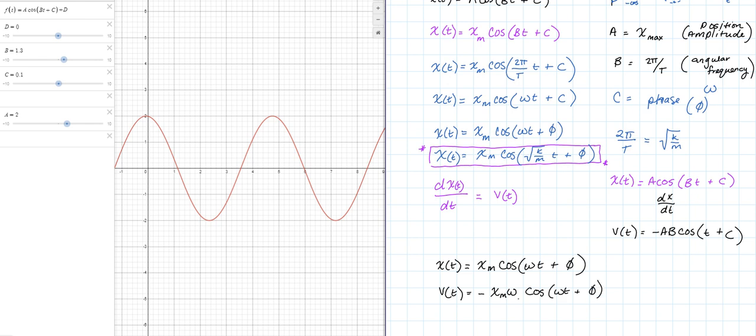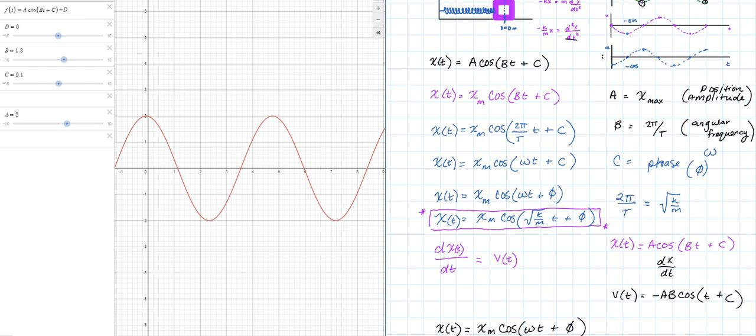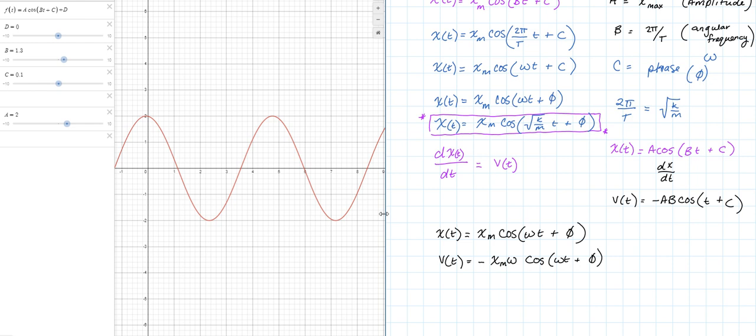And now we can see what x sub m times omega actually equals. Well, if you think back to the equations that we have up here, we said that the amplitude of the velocity equation is the velocity maximum value. So we could say, if we put a little side note, that this negative x sub m times omega is actually the velocity maximum. That is equivalent to the velocity maximum, which I think is pretty cool.